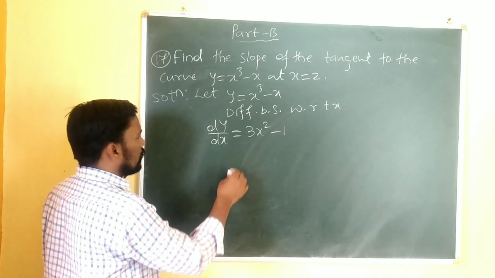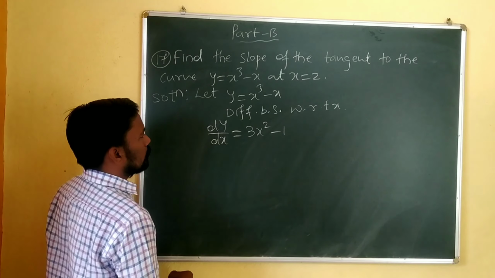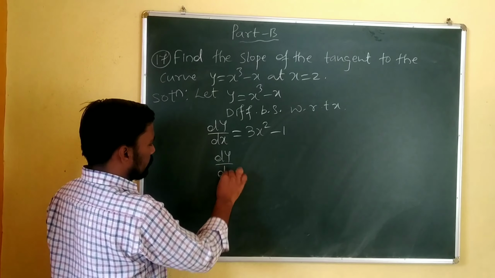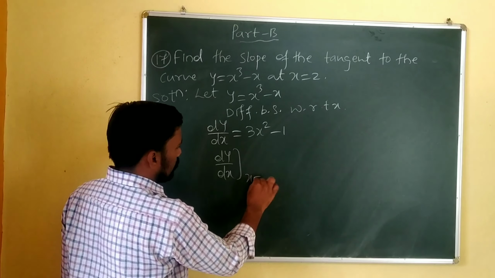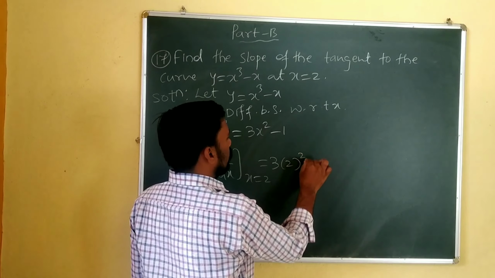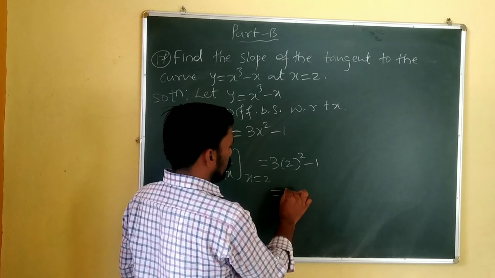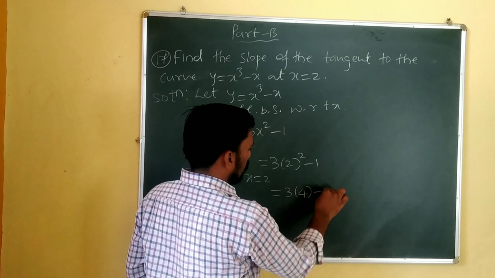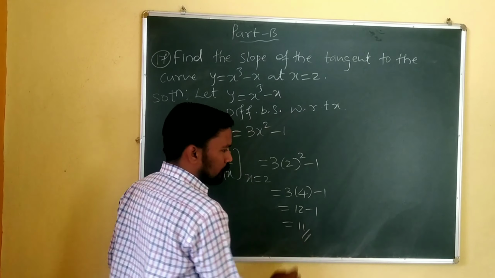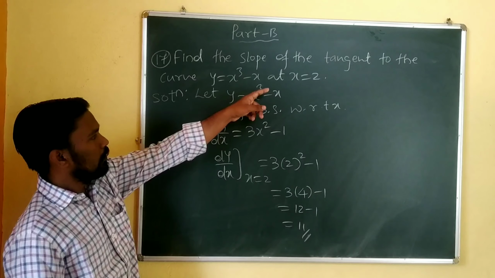For that, put x value as 2. Now dy by dx at x is equal to 2 is 3 into 2 square minus 1. That is equal to 3 into 2 square value 4 minus 1. 3 4s are 12 minus 1 which is 11. This is the slope of the tangent at the given point.